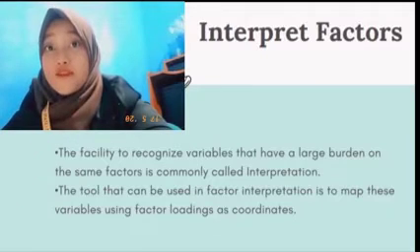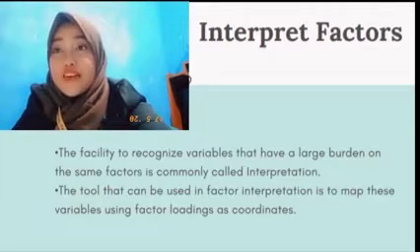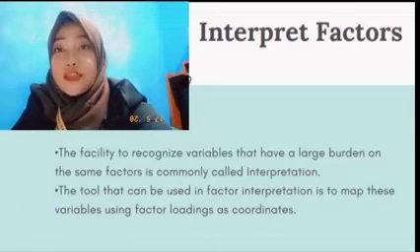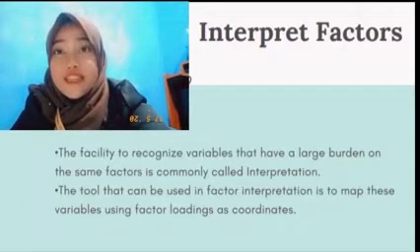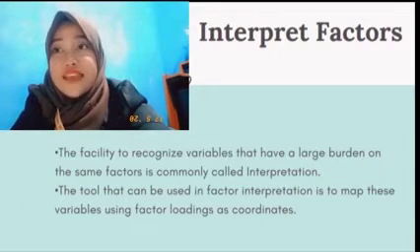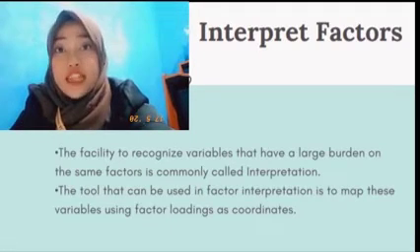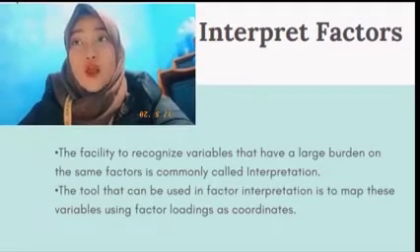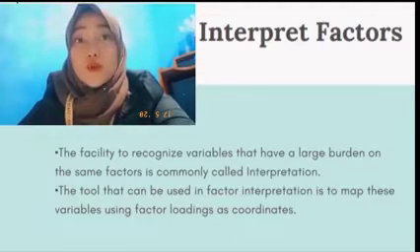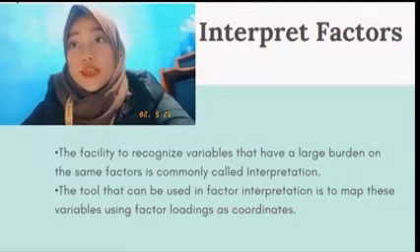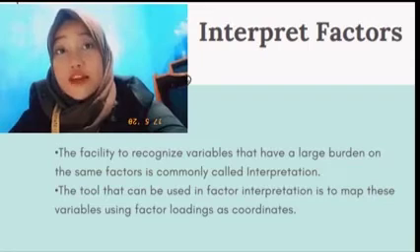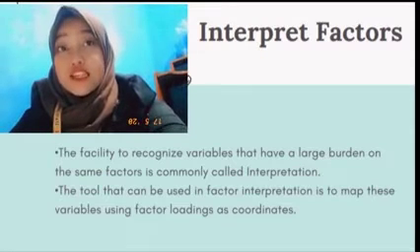We interpret factors. After getting a view of valid factors, we need to interpret the names of the factors. The facility to recognize variables that have a large loading on the same factor is commonly called interpretation. Variables that have a long distance from the axis will be interconnected with these two factors. The factor can be defined as an initial variable.